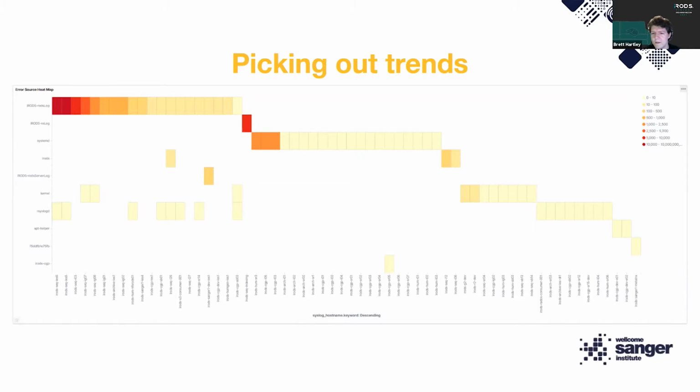There are too many logs to look at. This scale goes up to 10,000, which is the dark color on the two providers on the left, and there are easily hundreds of thousands of logs in there. So we can't read them all, and this helps us pick up what we're supposed to be looking at.